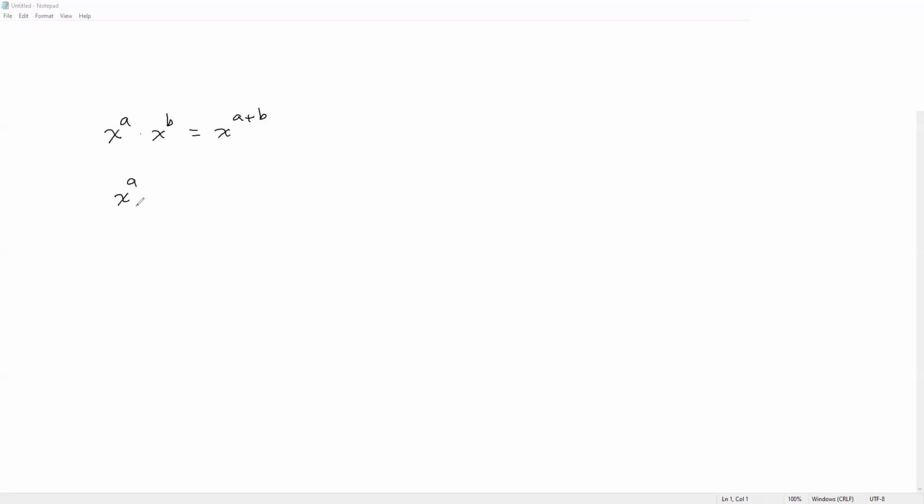So if we do x to the power of a over x to the power of b, this is just the opposite of multiplication, right? If we multiplied two powers, the powers were added, provided they're on the same base, x. This has to be the same, otherwise you cannot add them up.